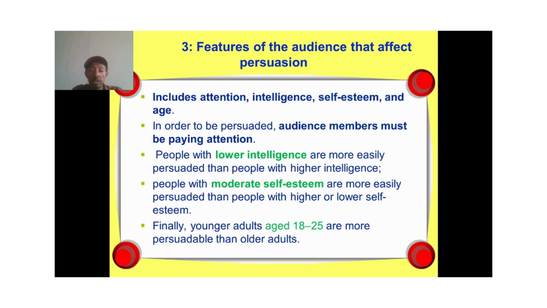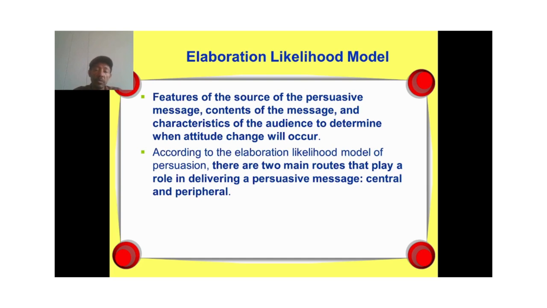And people within the age range of 18 to 25 are more persuadable than older adults. This is about target audience. So the second model is the elaboration likelihood model.